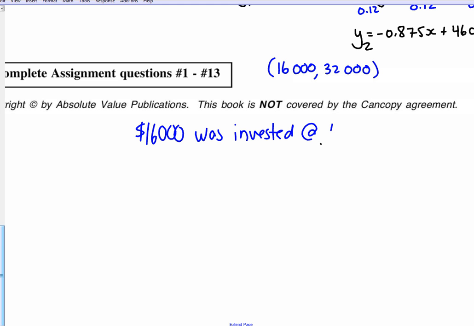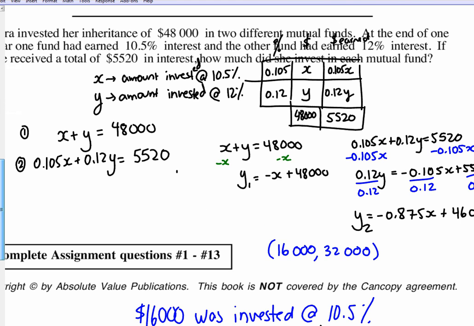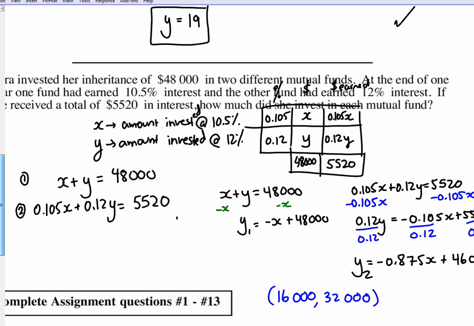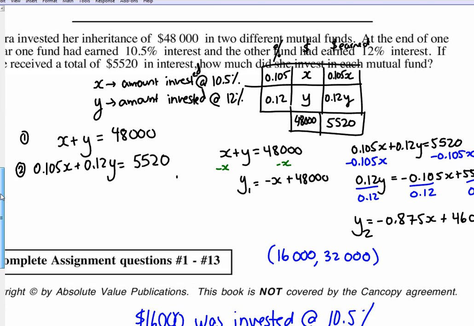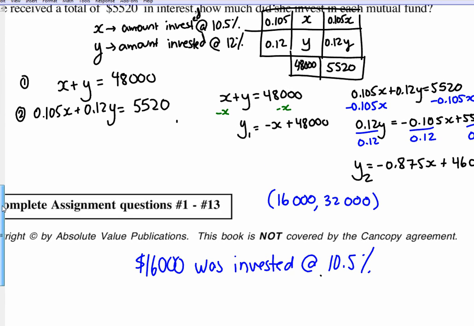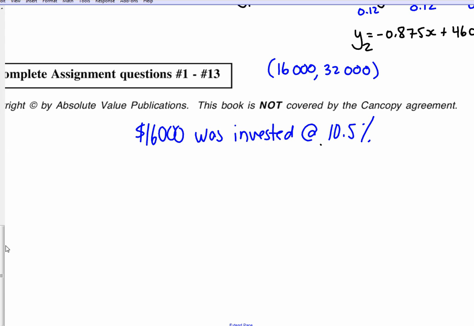Why do you think she split it up between 2 mutual funds? Why didn't she put all her money at 12%, right? Why would you do that? Yeah. So if one of those mutual funds fails, you don't lose all your money. That's one good reason. What else? If you put all your eggs in one basket, especially if it's a risky venture.